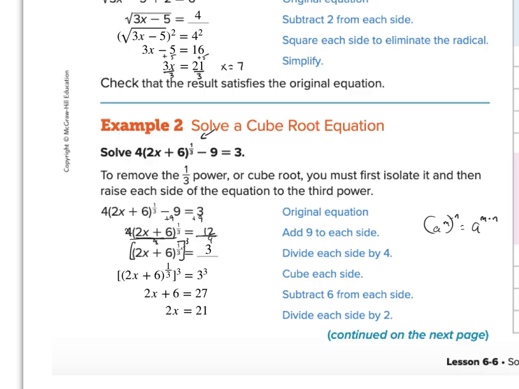So 1/3 times 3 is going to be 1, and we got rid of that fractional exponent. Then we do our inverse operations, and you have 2x is equal to 21. Divide both sides by 2, and x is going to be equal to 10.5. So it just adds one little step into the equation.